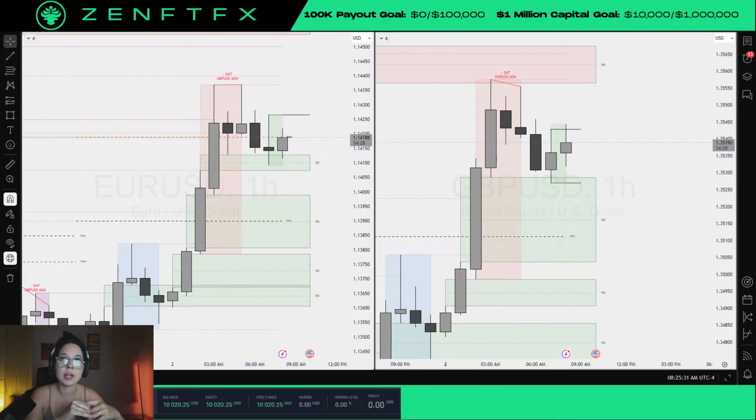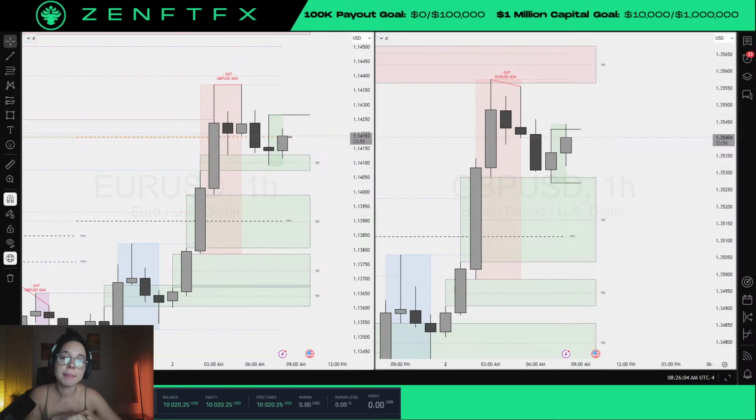The account balance, as you can see, is 10K 20 because I took a break even on the trade that I entered on Friday. I'm counting the account at break even though we're technically 0.20% up.